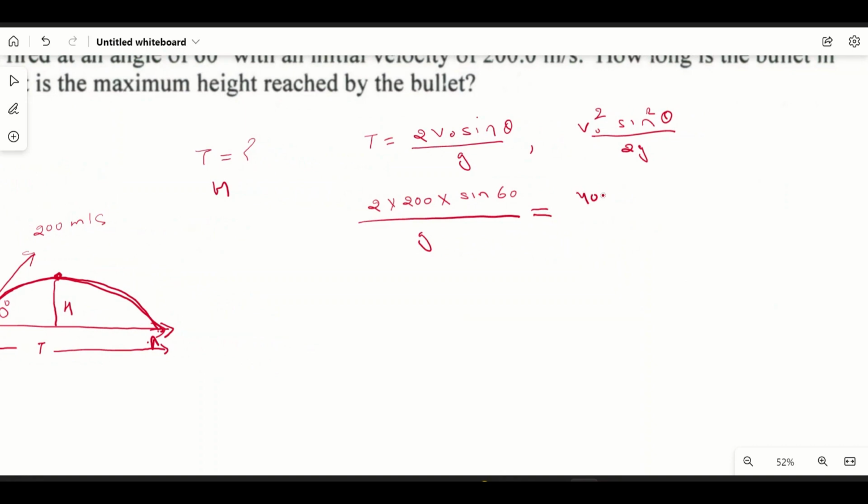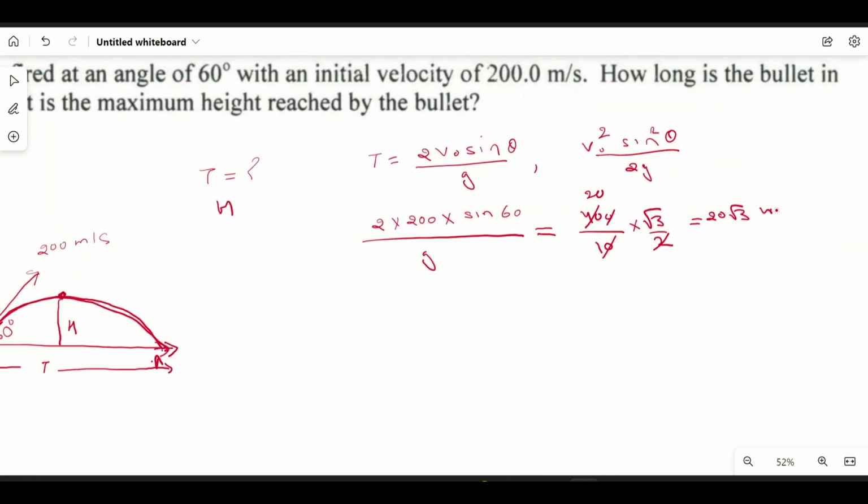So 400 divided by g, which is 10 meter per second square, into sine 60, which is root 3 by 2. So it will be 20 root 3 seconds. This is the time. You can calculate the value of root 3 and put it here.